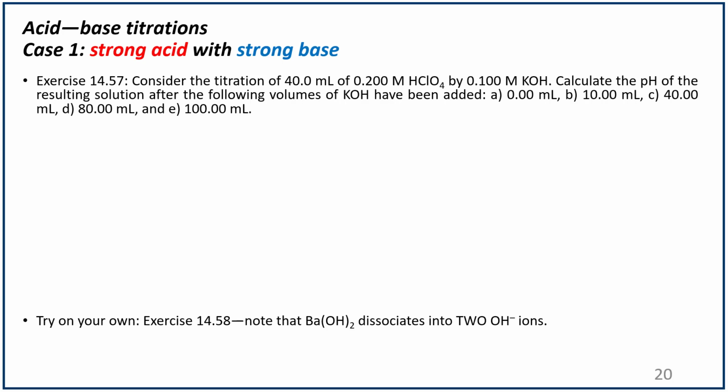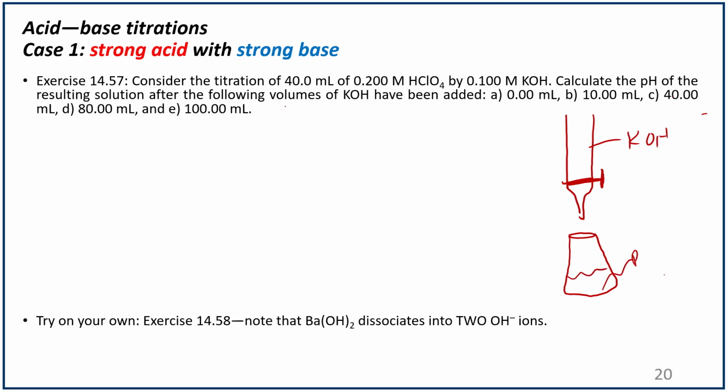We want to see again how the pH is changing as a function of volume of sodium hydroxide added. So in this case, if you have a titration setup, then you have KOH in the burette, and in your Erlenmeyer flask, you have perchloric acid.